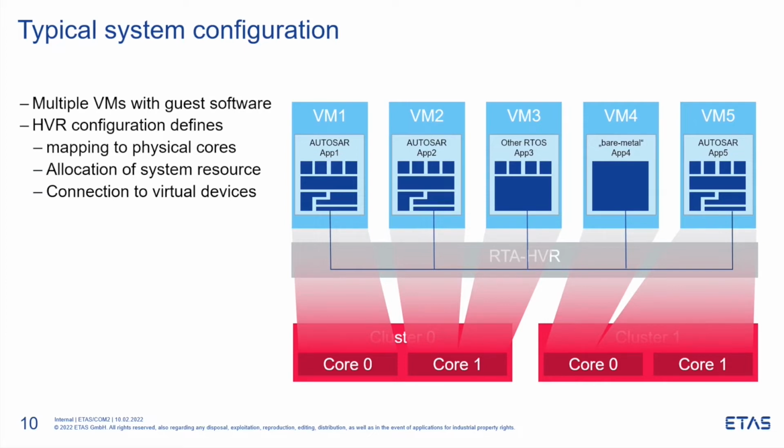The mapping would then allow virtual machines with multiple physical cores. We can see in this example, virtual machine 5 on the end maps onto 2 cores. It also allows multiple virtual machines to be mapped onto a single core. So we can see also here we have virtual machines 2 and 3.